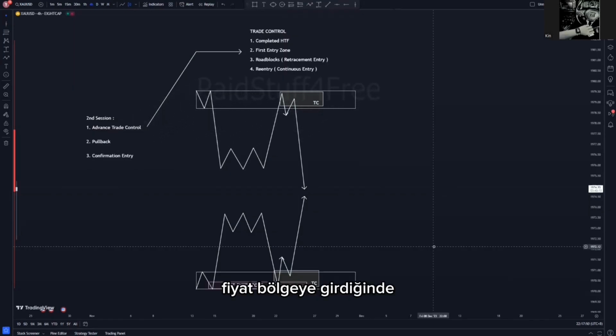When the price gets into the zone and there is no confirmation entry, but the price flies all the way up, or the price goes down so badly, why? We're going to discuss this in our last session, which is going to be about the volume.